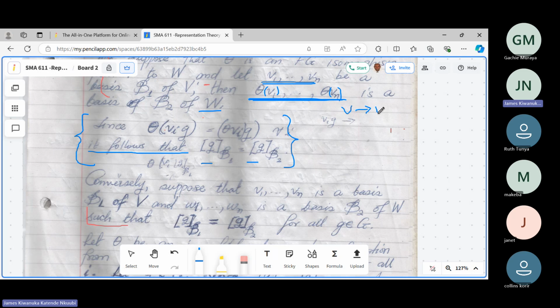This probably will get you started. So this first one is a matrix for this map with respect to the basis beta 1 in V. So this takes care of the endomorphism, or rather the representation that is induced by this FG module.